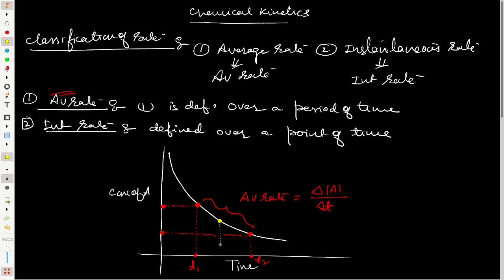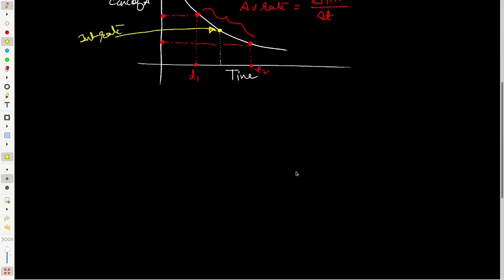Here, at this particular time, the rate is instantaneous rate. Now it is a little easy to calculate the average rate, but how we decide the instantaneous rate, this may be a little difficult.